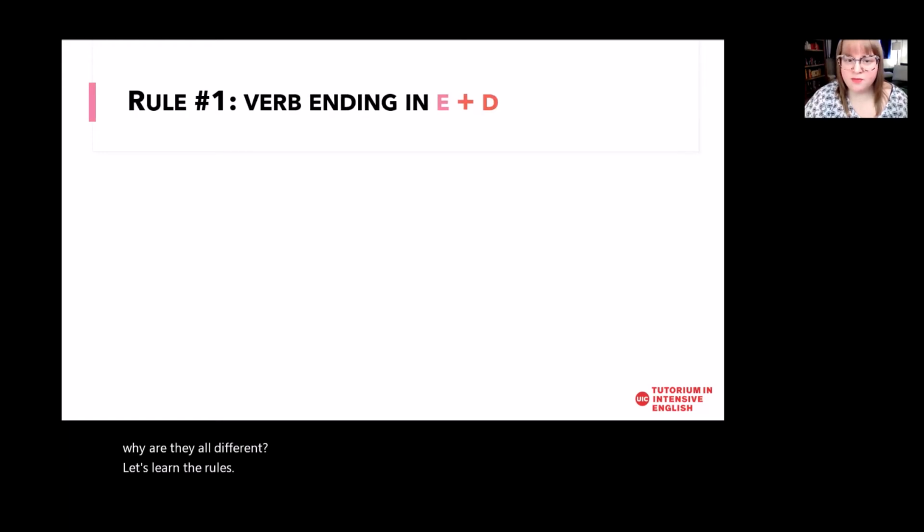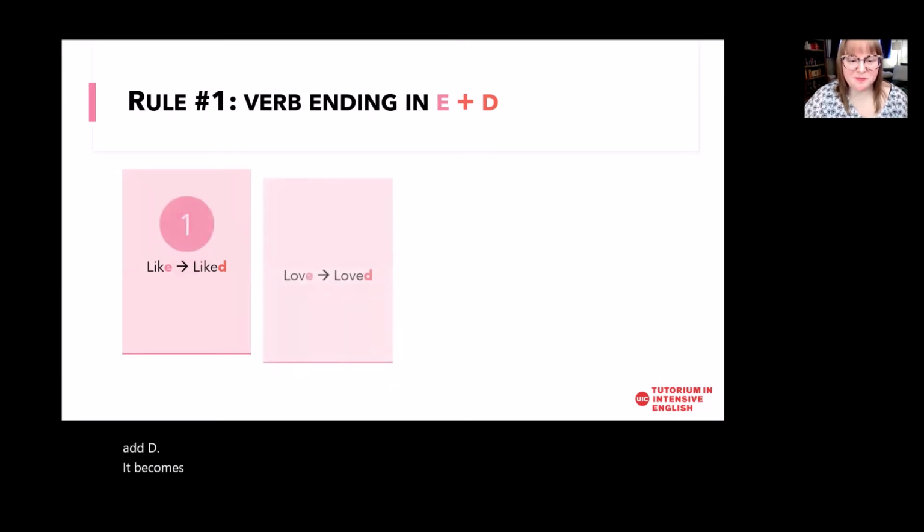Rule number 1, if a verb ends in E, you add D. For example, like ends in E, add D, it becomes liked. Love ends in E, add D, it becomes loved.